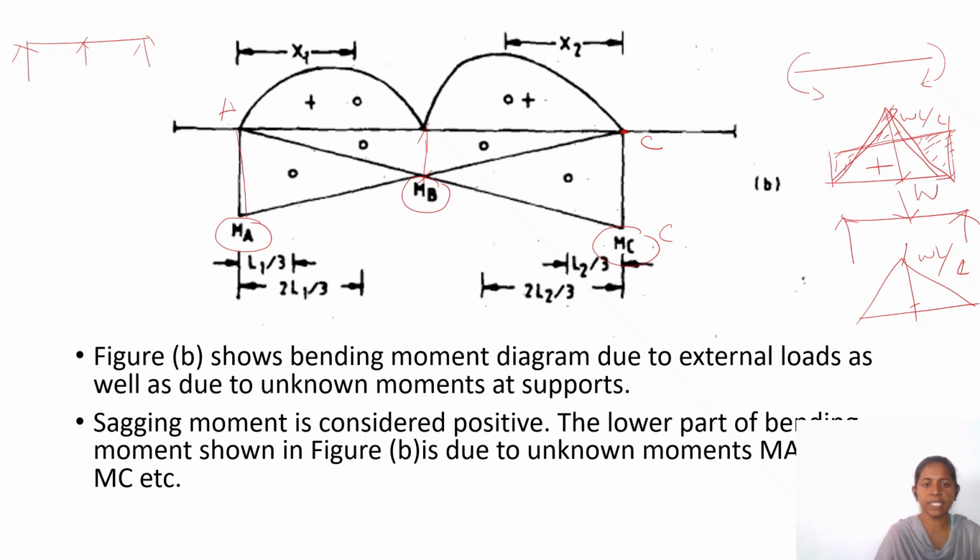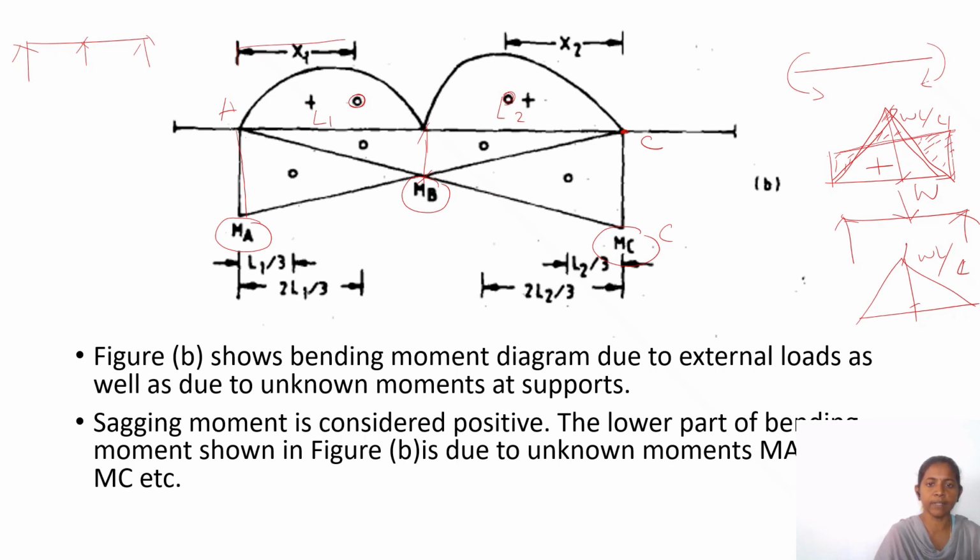And here the spans are L1 and L2, and we have to locate the centroid. This is the centroidal point. So from the left it is x1. If it is the centroidal point here, from the right it is x2, for the parabolic positive or free bending moment.